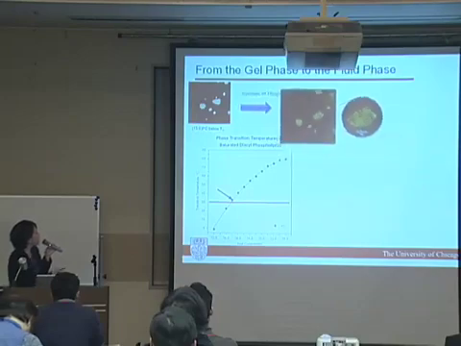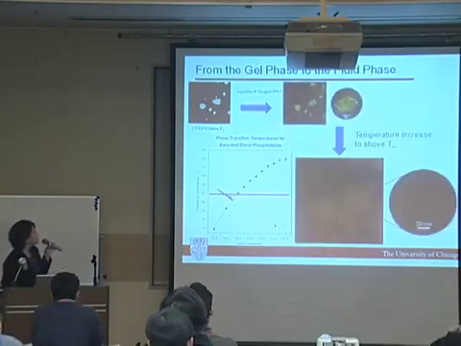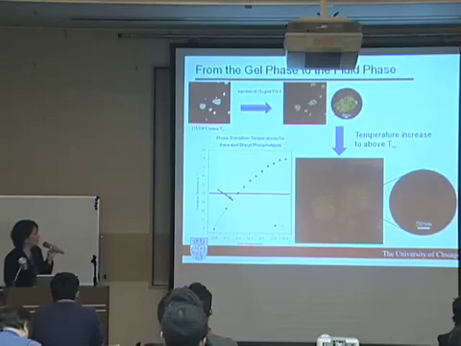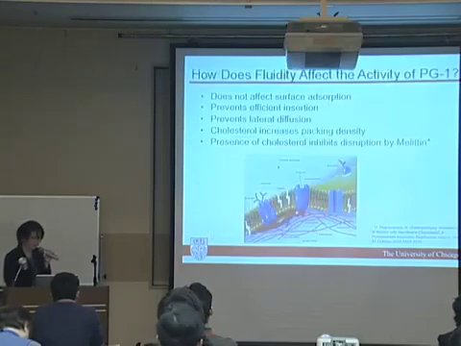However, if I now raise the temperature above the transition temperature, instantaneously these form worm-like micelles, which is due to the association of the antimicrobial peptide with the lipids themselves.